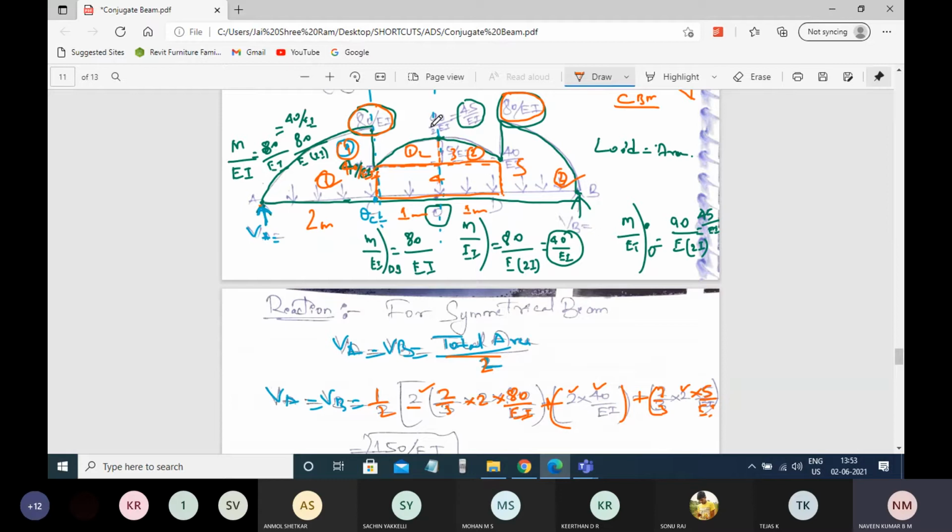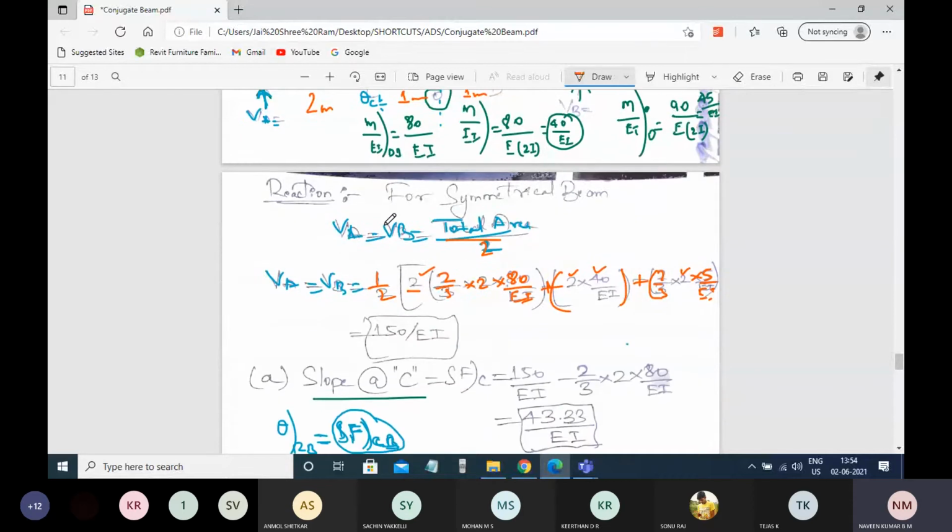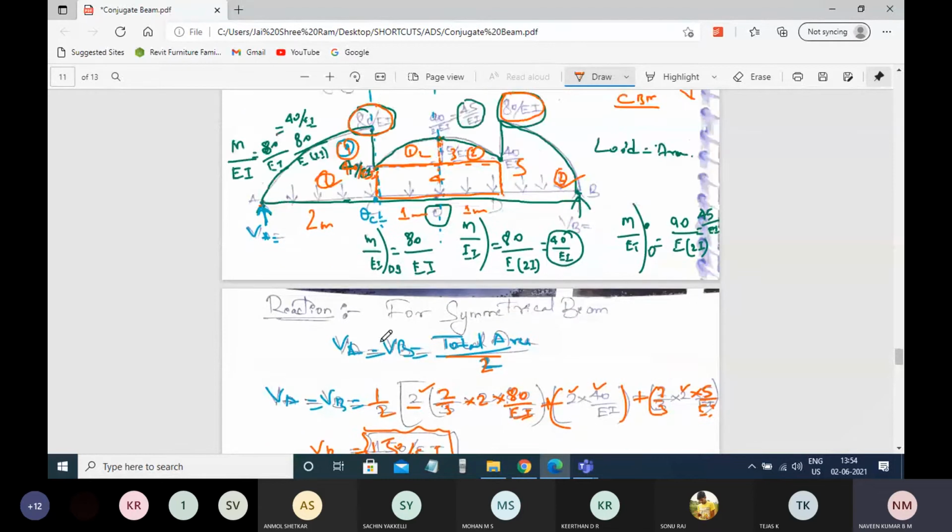So 5 by EI, here it is 45, so the difference from here to here is 5 only. Please understand. If I simplify this, VA equals 150 by EI. This is the reaction we got for the conjugate beam.